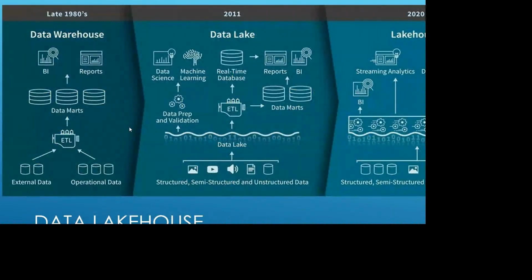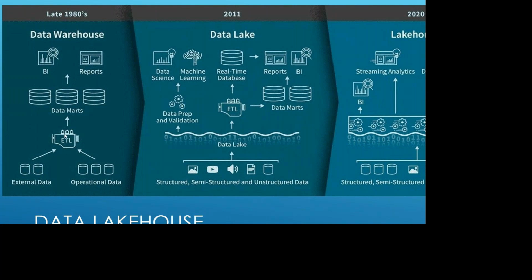See, again, in the 1980s, the data warehouse model looks like this. Here, external data sources feed the operational data. These are the OLTP systems, and by using these ETL tools like Informatica, Talend, Ab Initio, Teradata also has their own tools to do this ETL process.